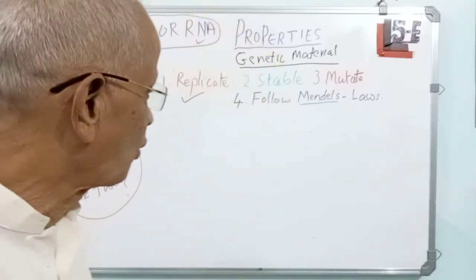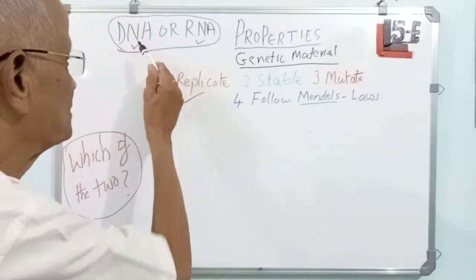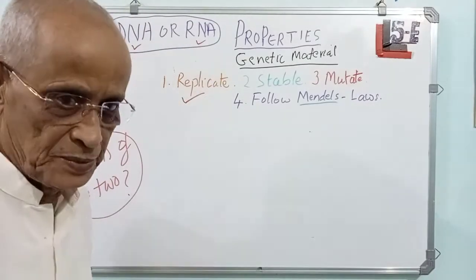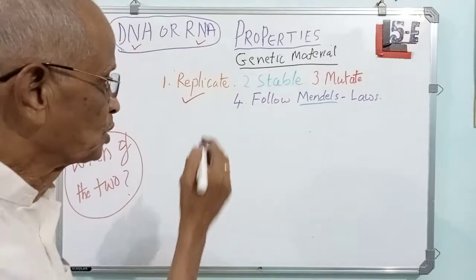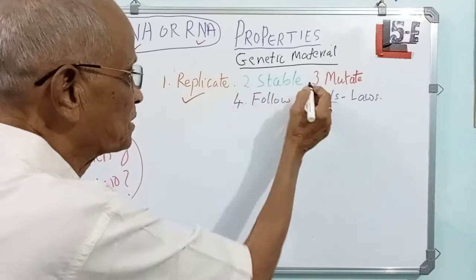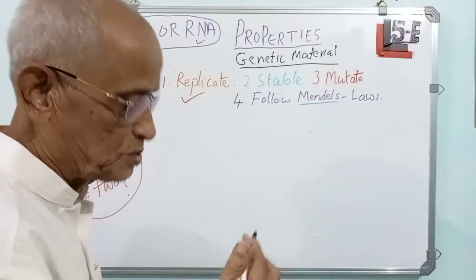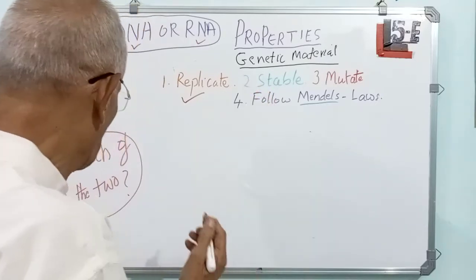Now let us take them up one by one. Whether it is DNA or RNA is the question. If you apply these four important properties, then you will be able to decide. Of course, scientists have decided that, but we will examine that now.